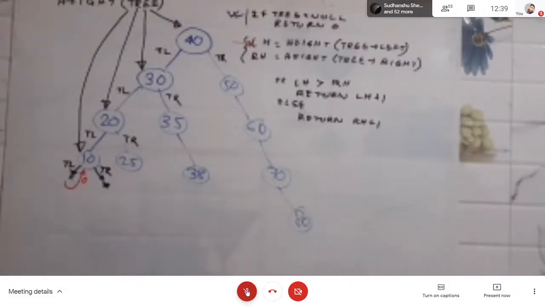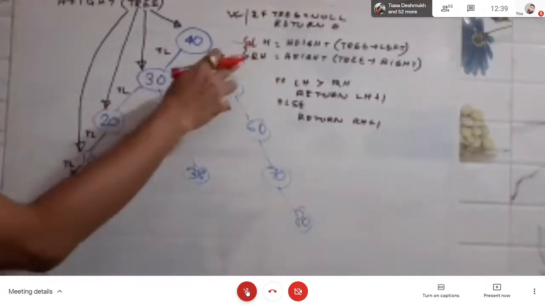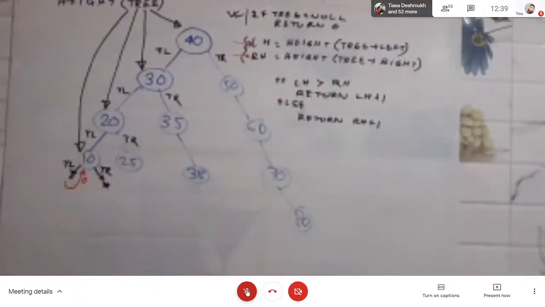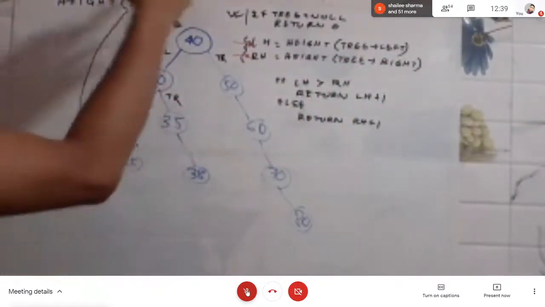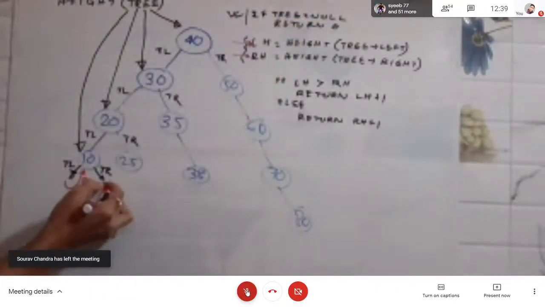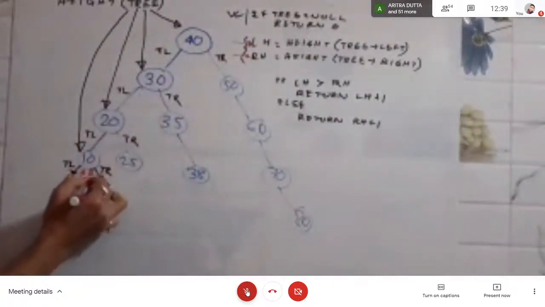Whenever this line returns back with the value 0, it will come to the next call. That is, sitting at 10, it will call height with its right subtree, which is also null. So when it goes to that situation again, this null will be valid because tree will be null, so it will again return back with the value 0.